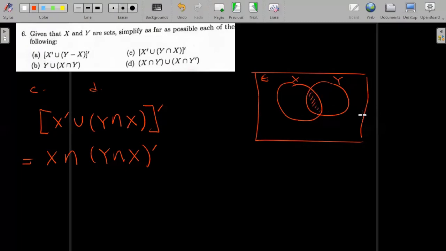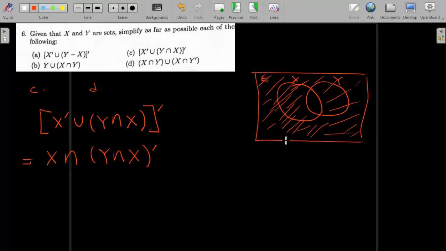The complement of this is anything outside that intersection in between there. Apart from that middle part, the entire thing is going to be our Y intersect X complement.